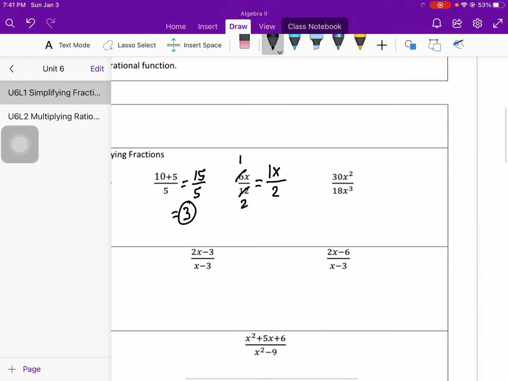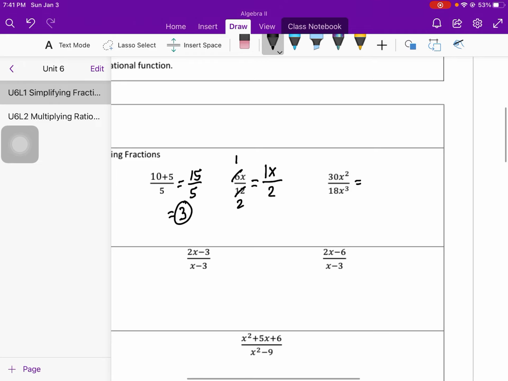Similar idea over here. This time we have variables on the top and the bottom as well as a number. So let's start with the 30 and the 18. If you think back to common factors between those two, you can take a 6 out of both of them. 30 divided by 6 is going to give us 5, and then 18 divided by 6 is going to give us 3.